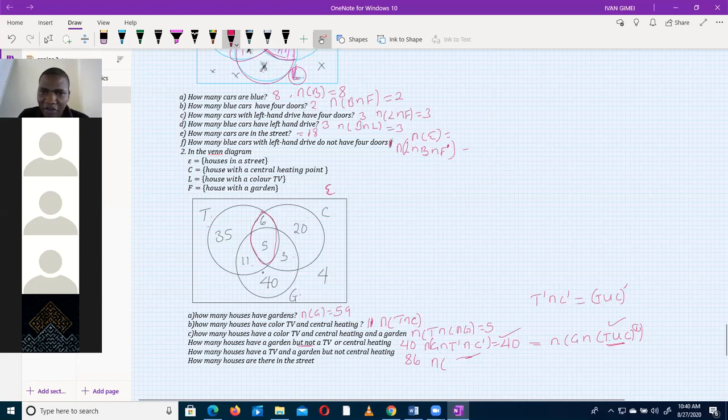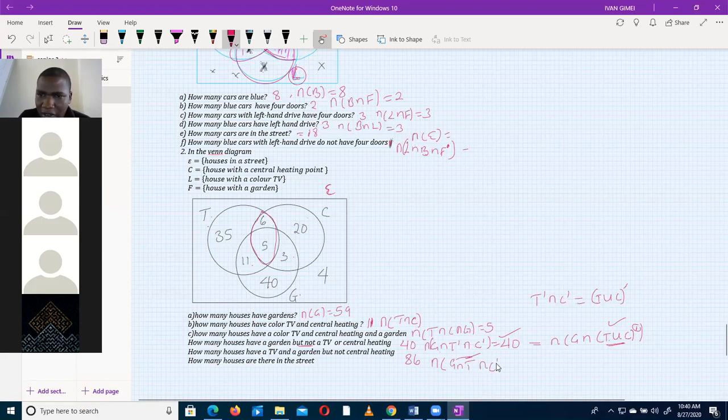Maybe that will help us visualize which area we're dealing with. Yes, Ariho? G intersection T intersection C complement.